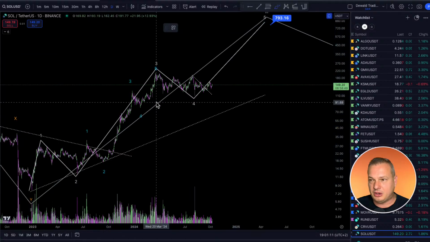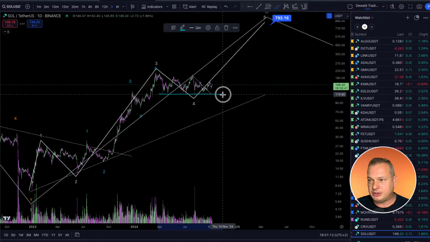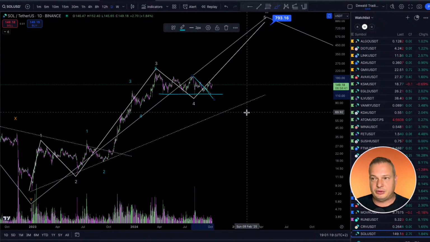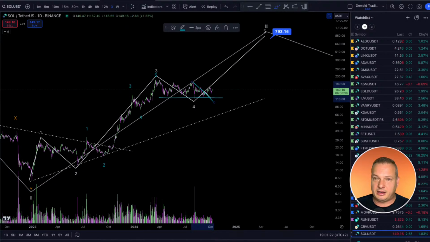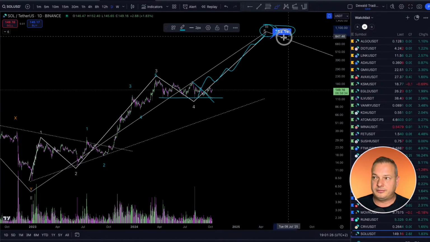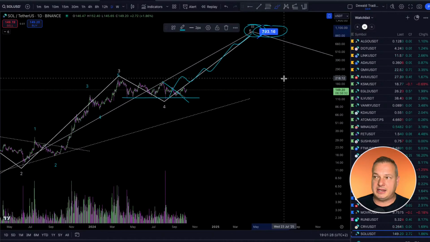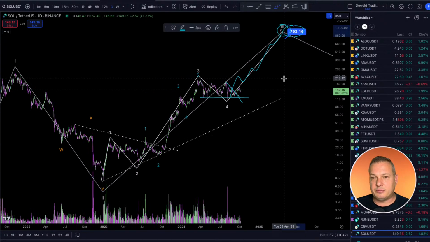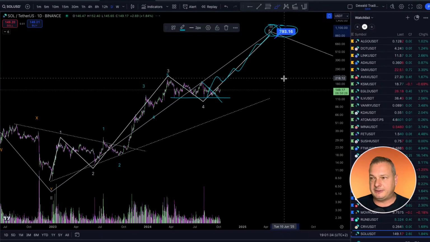You basically claimed all the liquidity below the lows, which is usually a bullish sign. Then I was tracking this momentum, which we broke out now. So Solana could potentially be on its way up to complete a fifth wave. That target might seem unrealistic, but it's definitely achievable if the bull run does continue to the upside.